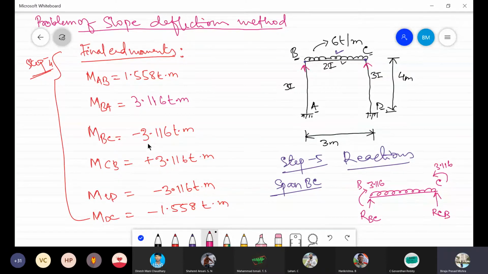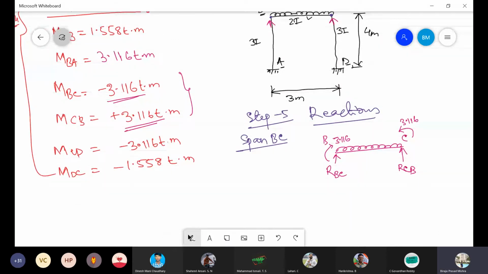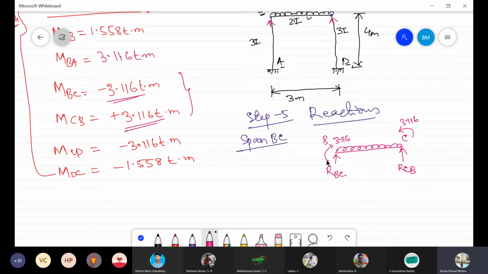Their sign is different, meaning if one is clockwise, another one is anti-clockwise. Okay, so let us find out the reactions RBC. We all know that this span is 3 meters.